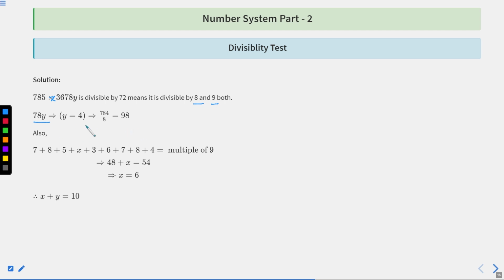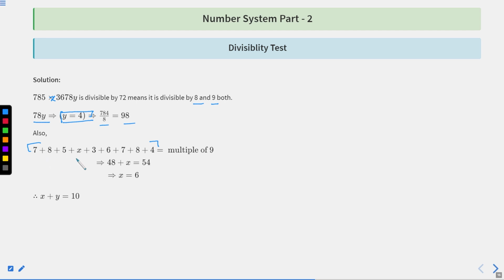Correct? So what should be the value of y such that 78y is divisible by 8? If I choose y equal to 4, it is completely divisible and we get 784. So we now know the value of y. Next thing we are interested in is the value of x. For the value of x, we know that the sum of these digits is a multiple of 9, or I can say that the sum of these digits is divisible by 9.